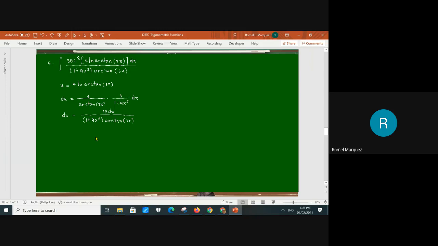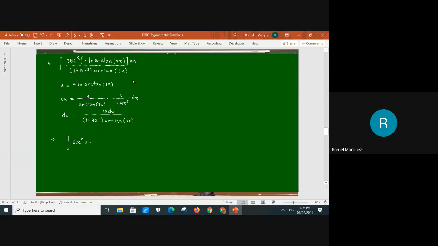And then after that, looking at the given, almost everything is there, except 12, I think, no? So how can I write the given integral? Integral of secant squared, if you feel it is bulky, you can write this as secant squared u. What is the du?